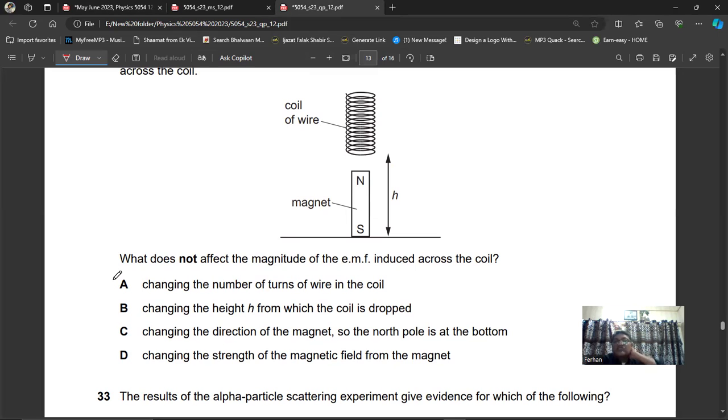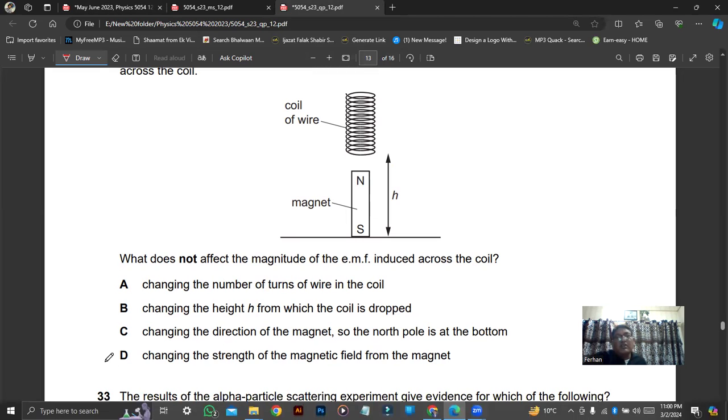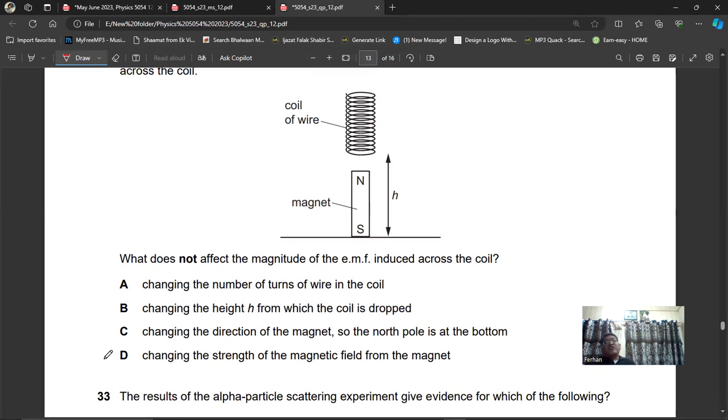Changing the direction of the magnet, as the North Pole is at the bottom, this will not change the EMF induced. Yes, changing the direction of the magnet, the poles of the magnet I mean, does not affect the magnitude of the induced EMF.